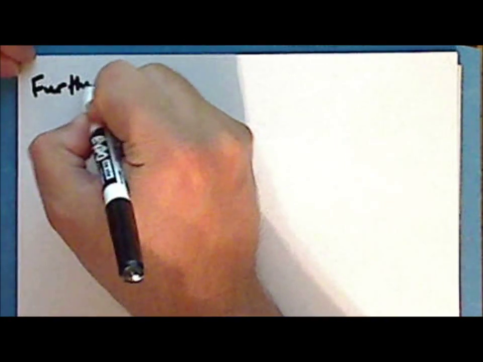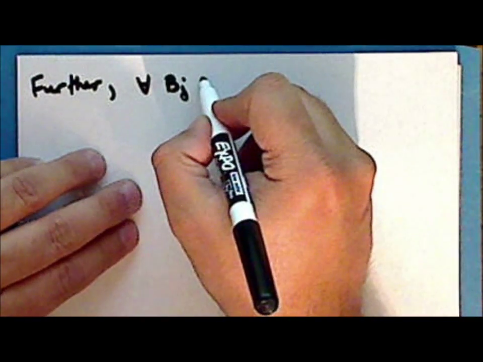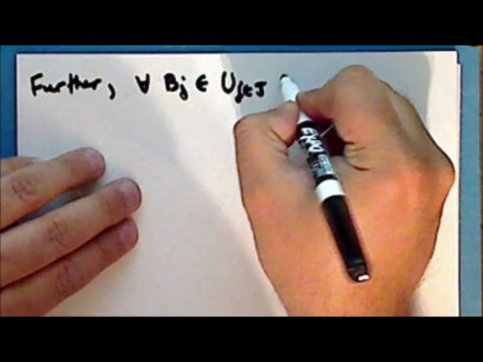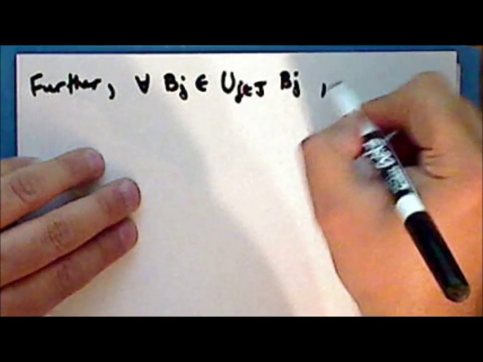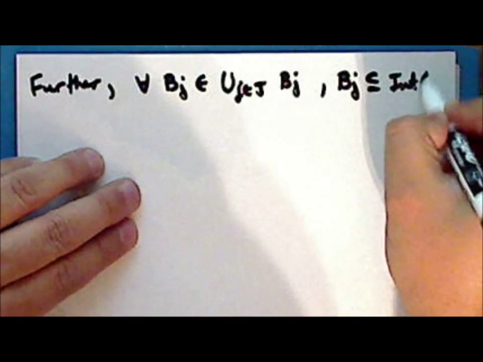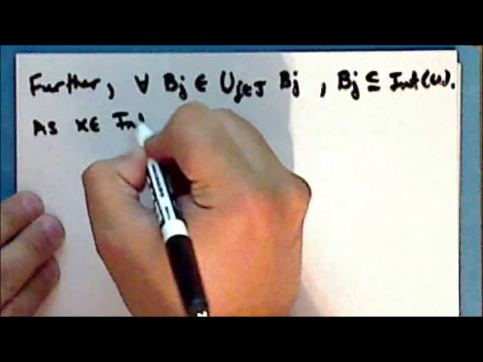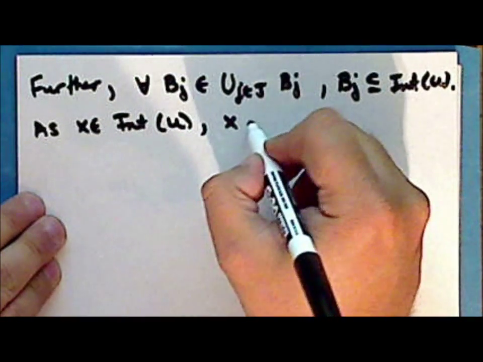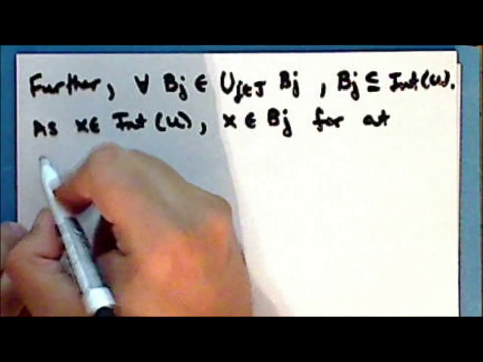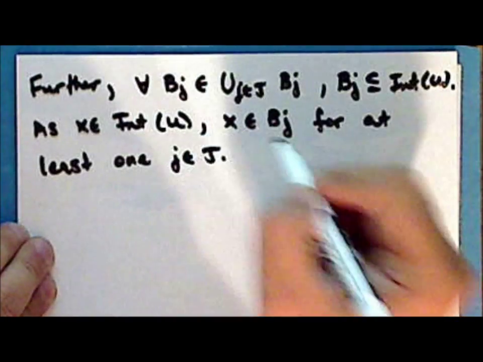Further, every set B sub j in the union is a subset of the union and therefore a subset of the interior of the set U. Now, as the point x is in the interior of the set U, the point is in the set B sub j for at least one index j in the indexing set.